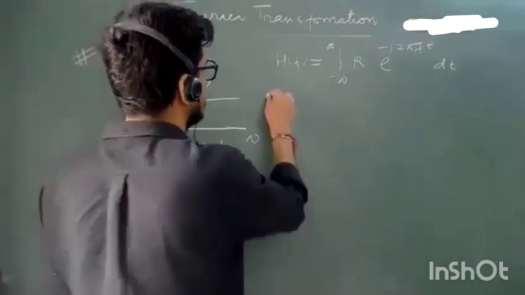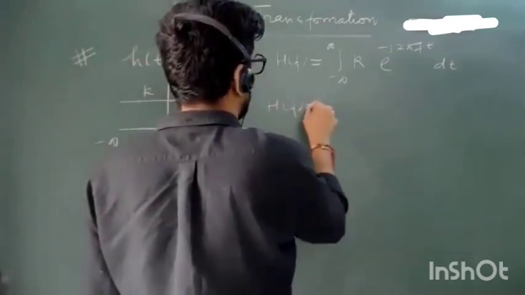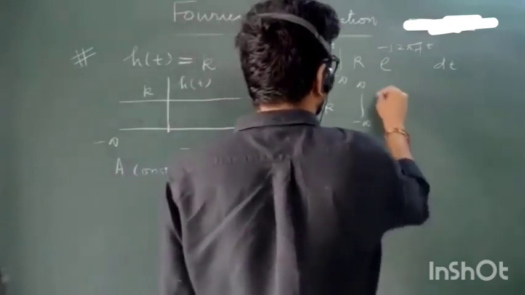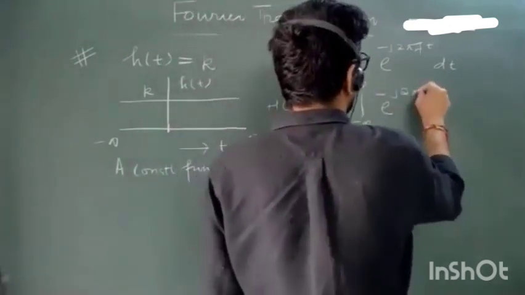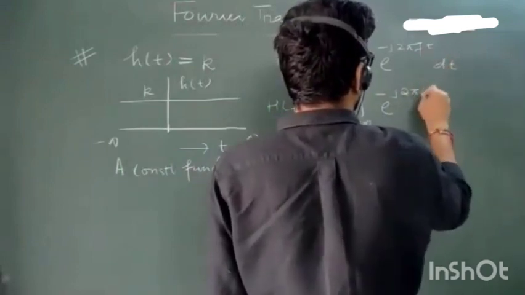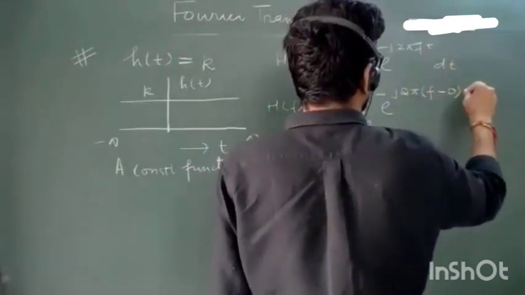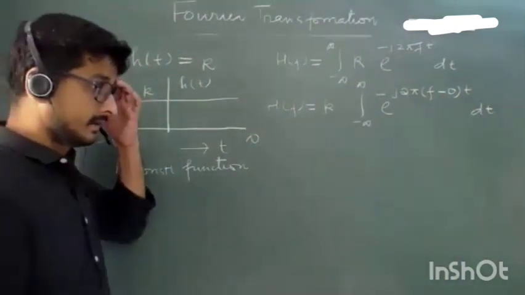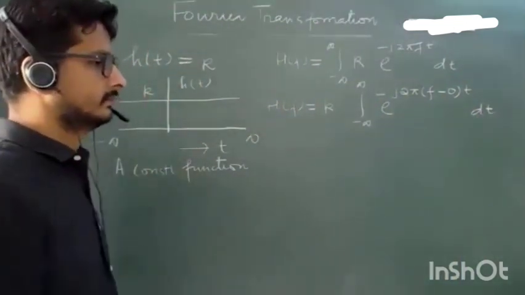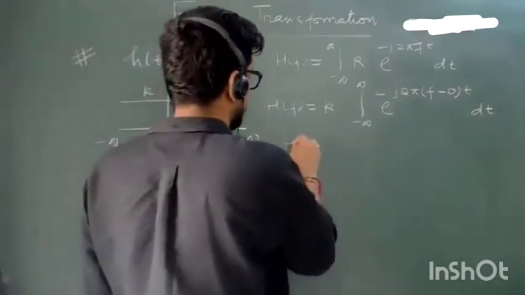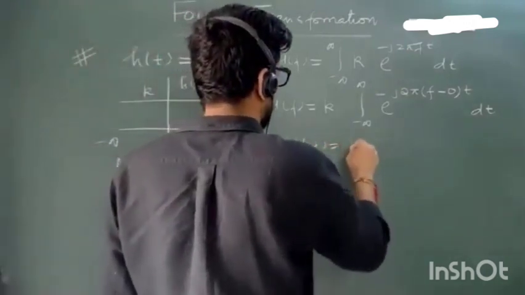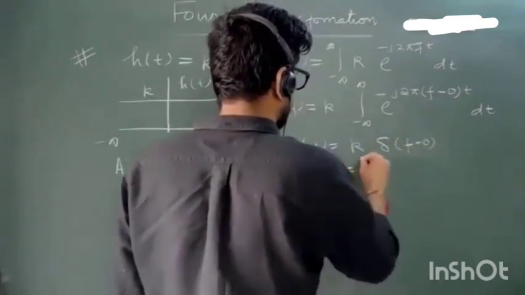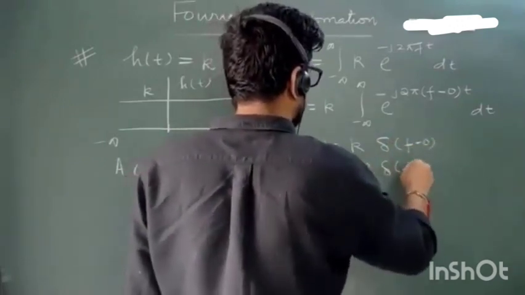So what will be h of f? It will be k times the integral from minus infinity to plus infinity of e to the power minus j 2 pi (f minus 0) t dt. Is this okay? Okay. So h of f will become k delta of f minus 0, or sometimes we write it like this, k delta f.